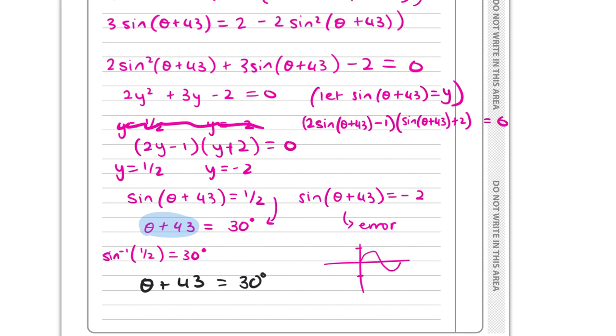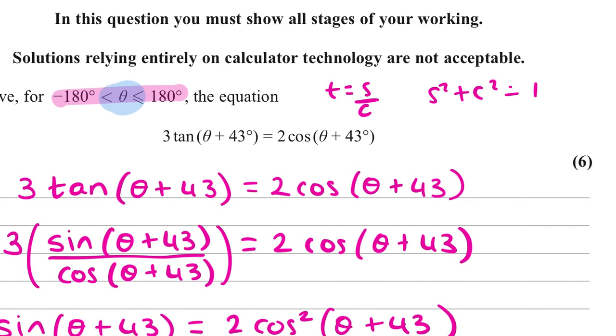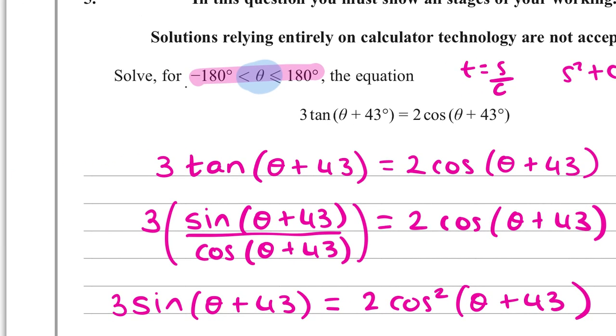Now I need to use the CAST diagram, or I can use symmetry, whatever's easier for you. And I need to make sure that I change my boundaries here. So if this is theta plus 43, what have I done to each side?